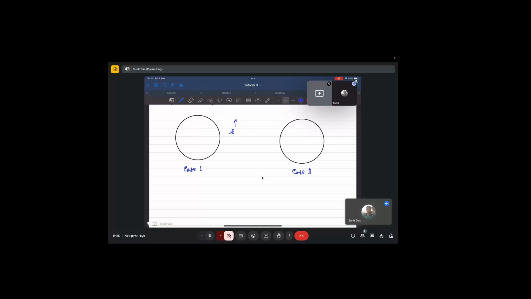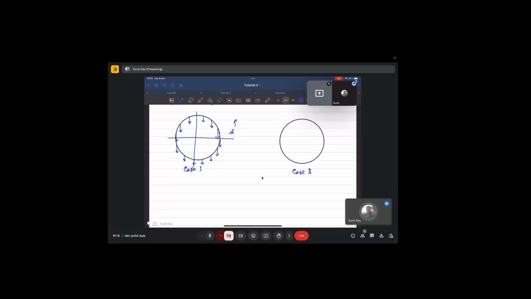In case 1 we had, let's say, all vectors along the minus x direction. So this was case 1.